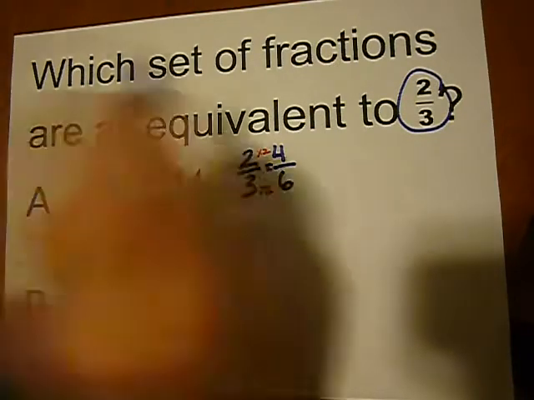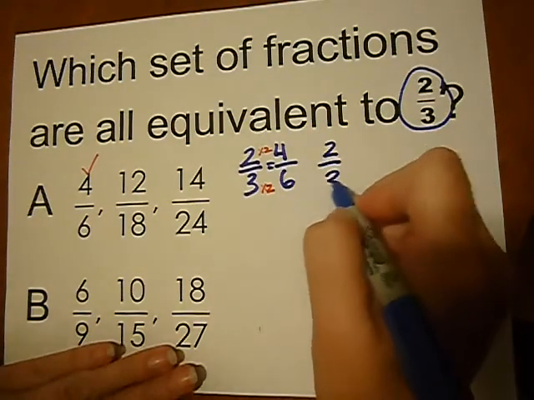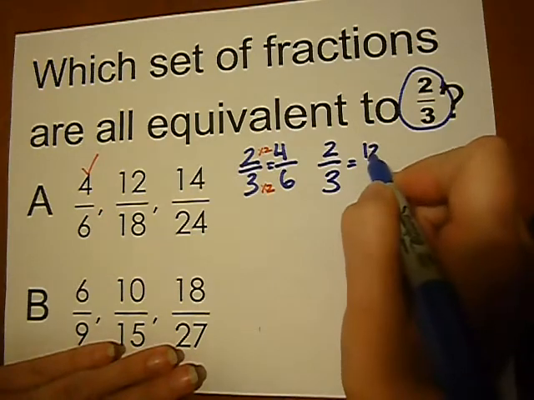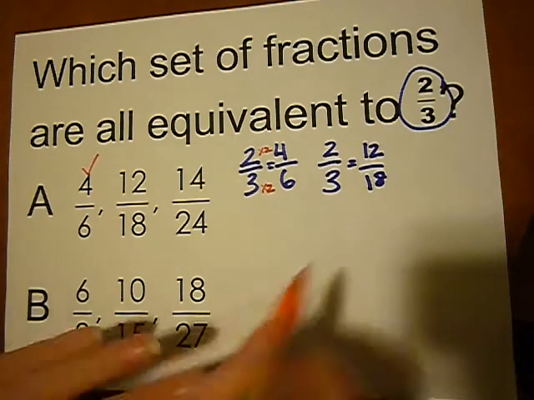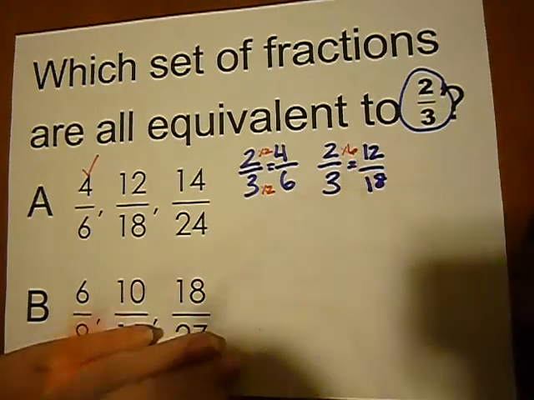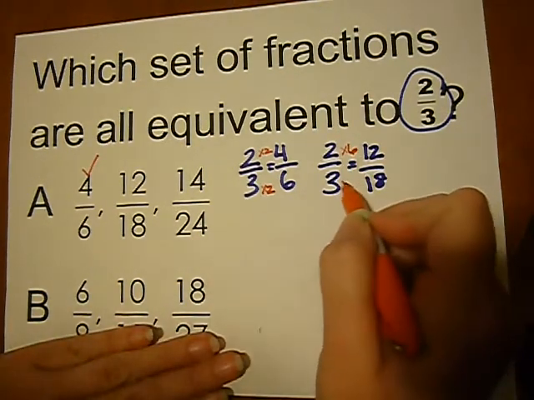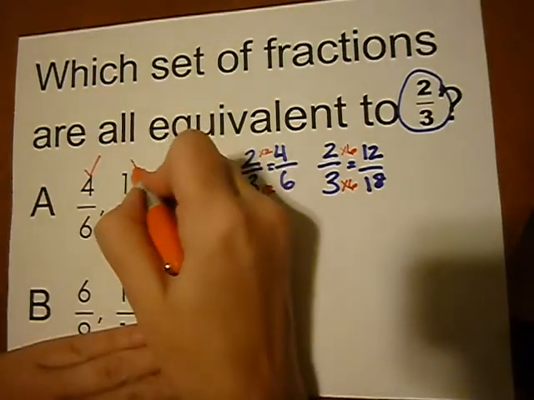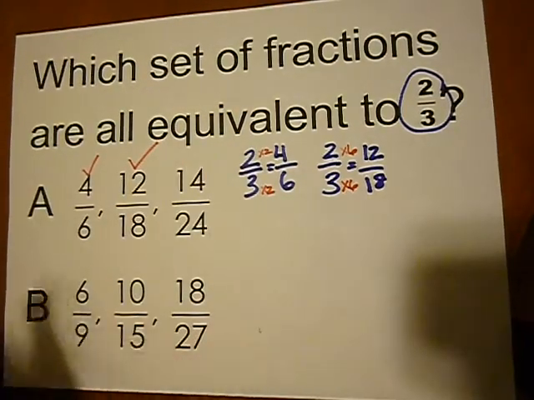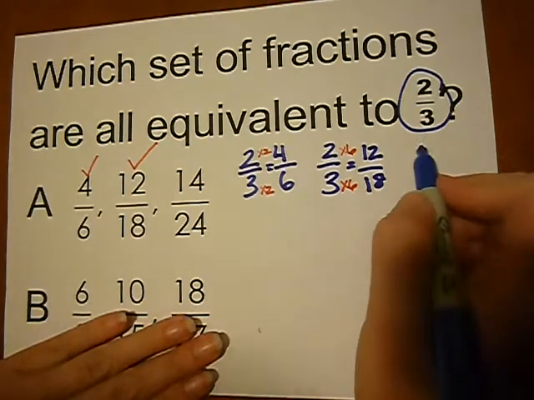Then I take my next one. 2/3 and 12/18. 2 times 6 is 12, and 3 times 6 is 18. The same number is used, so 12/18 is also equivalent. I'm going to check my last one, 14/24.